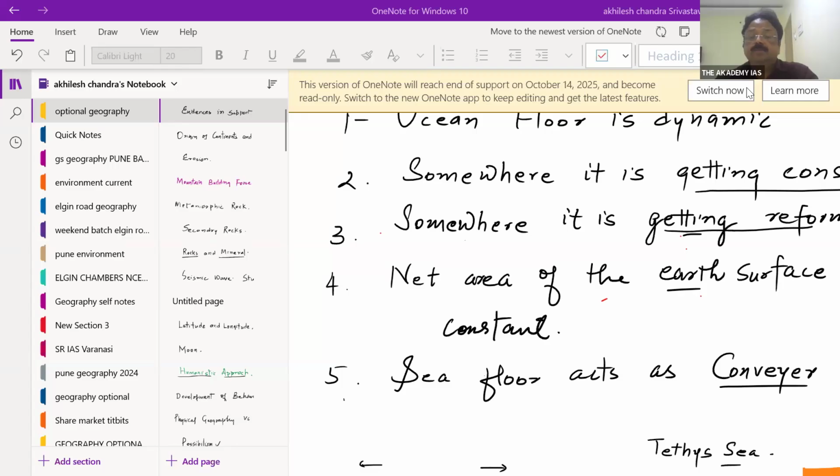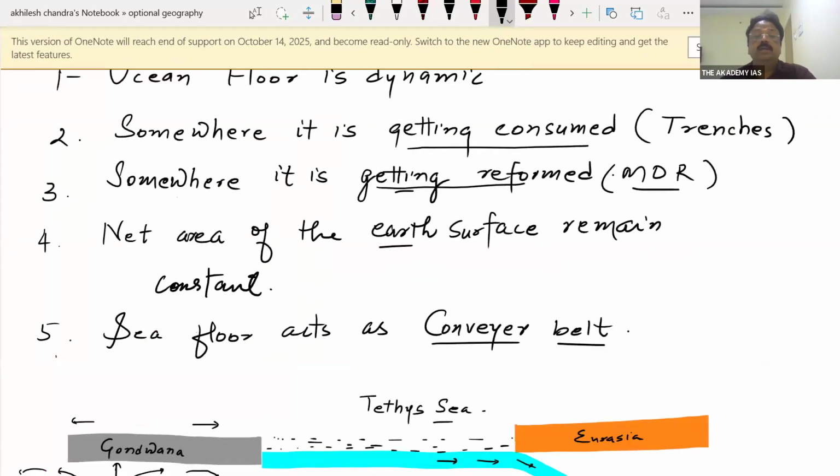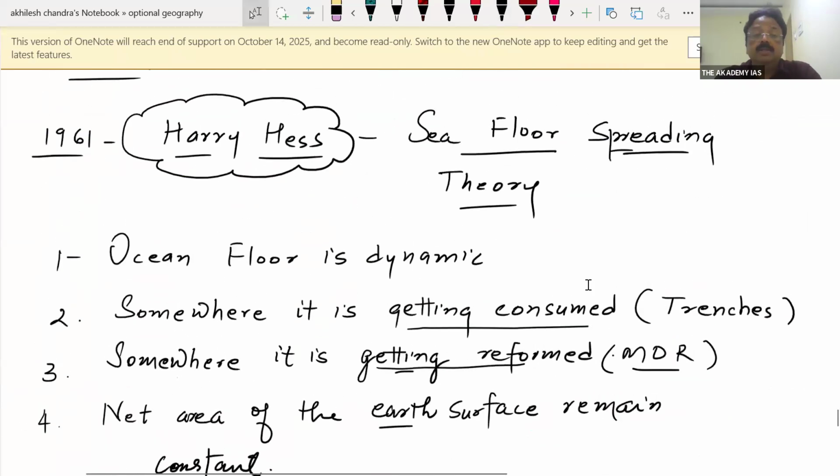Every year you will find some question on this, even in GS it is going to help you. Okay, so this is what seafloor spreading theory. In seafloor spreading theory, you will find that the net area of the earth crust remains constant.